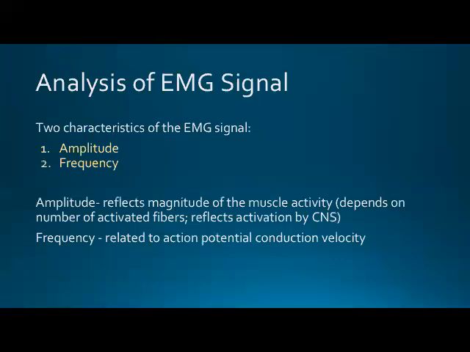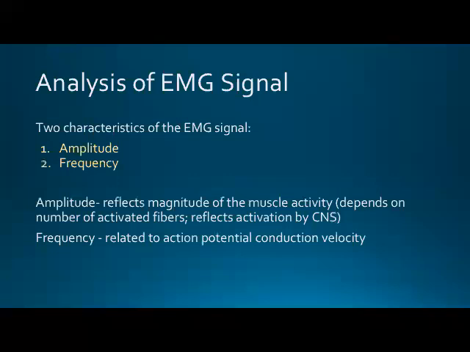There are a bunch of other ones I'll talk about in a few slides. And it's going to reflect the activation by the central nervous system. And remember, it's estimating, it's not a direct measurement. So all these things are just estimations of central nervous system drive, or the central nervous system activating those different muscle fibers.